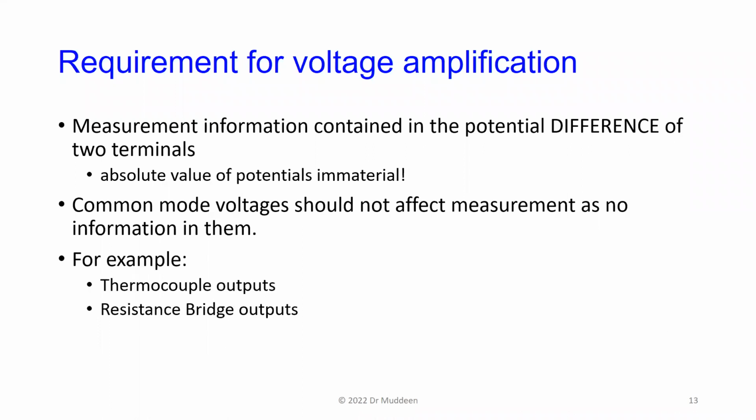And again, for instance, in thermocouples and resistance bridge outputs, there are many biomedical applications, as I mentioned, where they use that. And when you're doing biomedical measurements in particular, we are in the presence of a 60 hertz AC power source in the rooms and in the walls and so on, and our body acts a bit like an antenna.